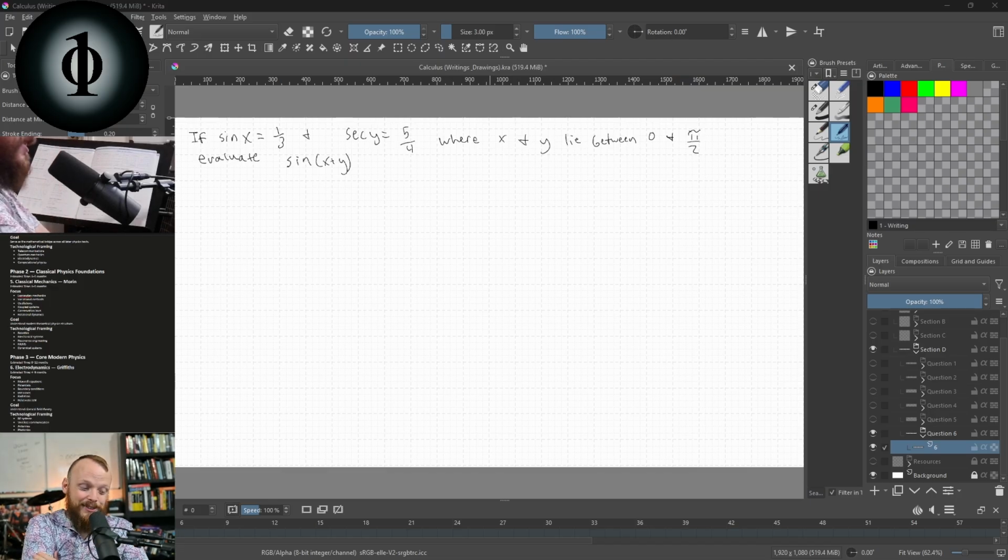Trigonometry is truly beautiful. This is cool. Okay, I see what it's doing. Now find cosine of x. Sine squared. I'm going to need a lot of work here.